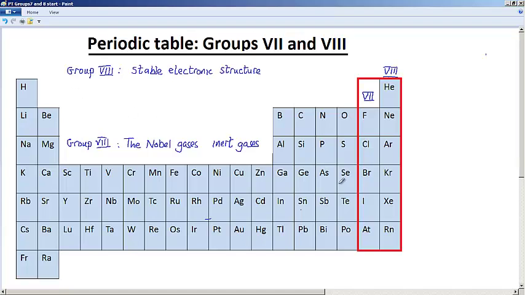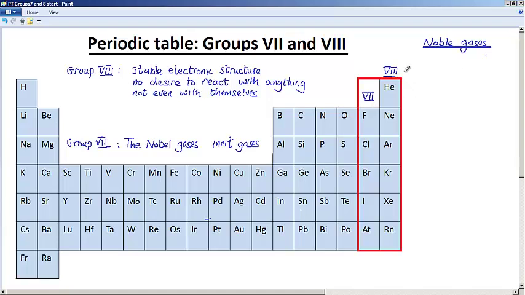None of the other elements have this, only group 8, and for that reason they have no real desire to react with any other element, not even with themselves. So as a result of this stable electronic structure, we can say the noble gases are unreactive and they exist as monoatomic gases.